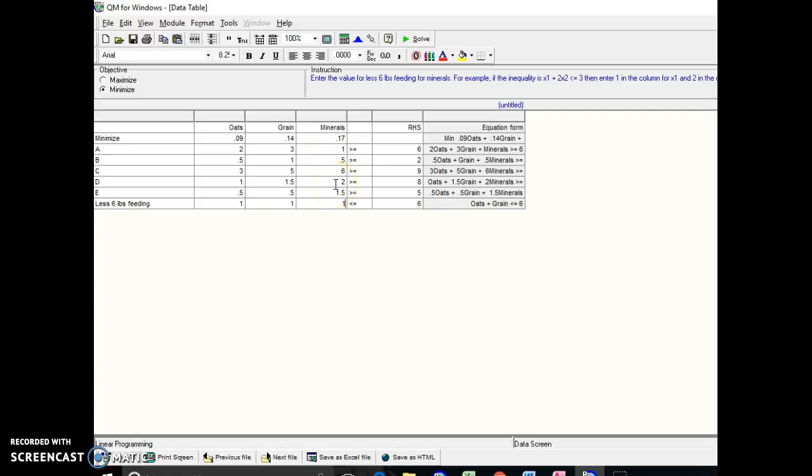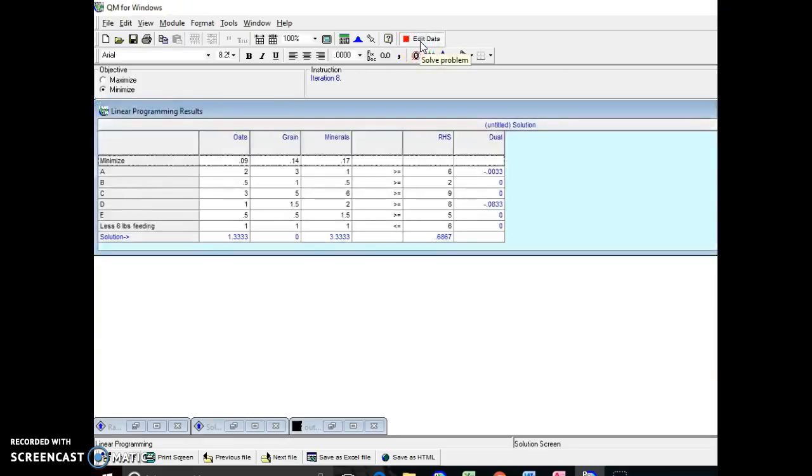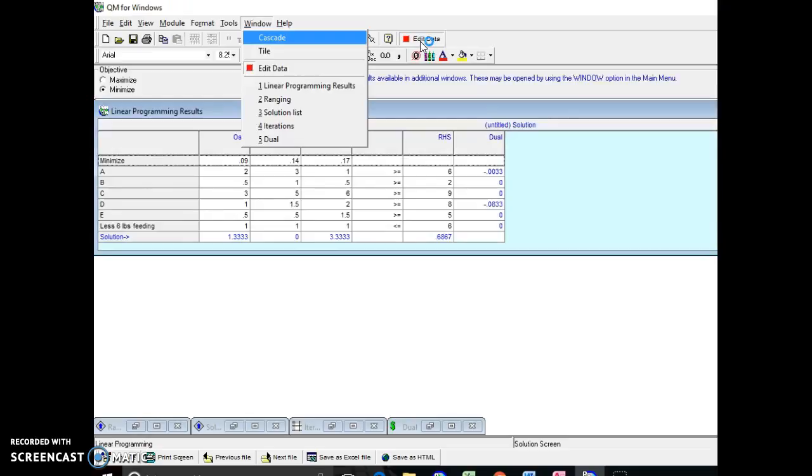Yeah, that looks pretty good to me. Just double checking. Okay, looks real good. I think we have our completed linear program for this minimization problem. I'll just go and solve real quick, and we have our answer right here.